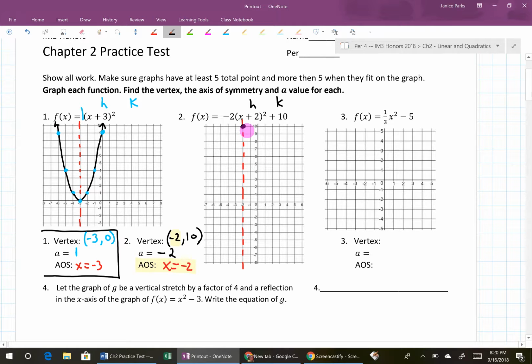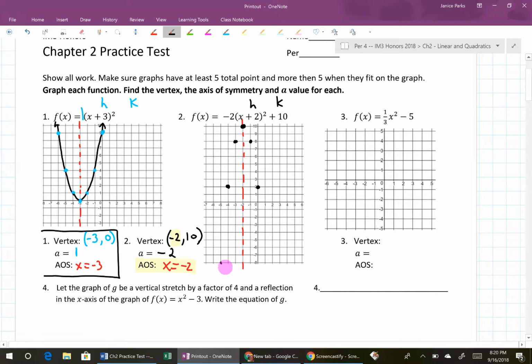The a value is -2, so it is a reflection. So it's upside down and it's twice as tall. So you're going to go down 2, over 2, down 8 from the 10. And then if you were 3, we're going 1, 2, 3. That's 9 because 3 squared is 9, and then 18.